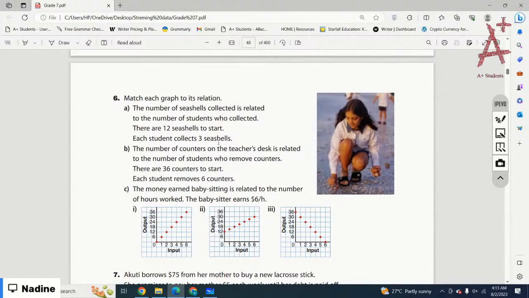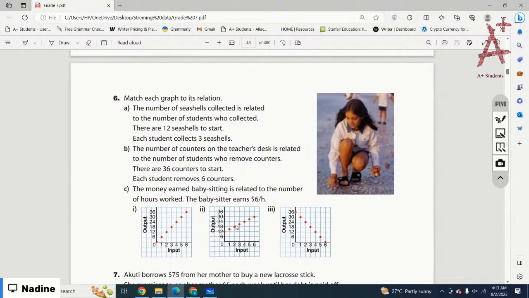That means the values increase by 3. 12 plus 3 makes 15. You have to start from 12. You can see this graph starts with 12. When input is 0, the output is 12. And you have to increase each output value by 3.